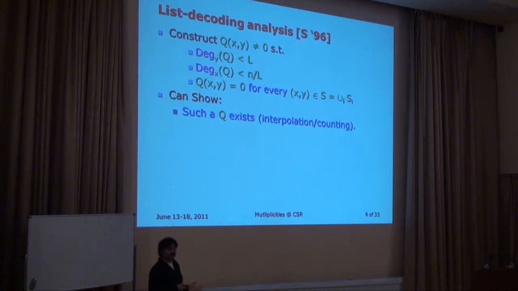There are n constraints, more than n variables, and each one of these constraints is a linear constraint on the coefficients that you're seeking. So you have more variables than constraints, so there is a solution. There is a non-zero solution.